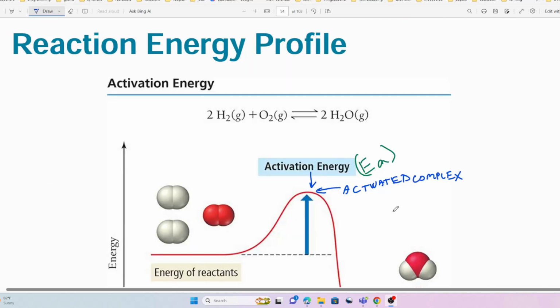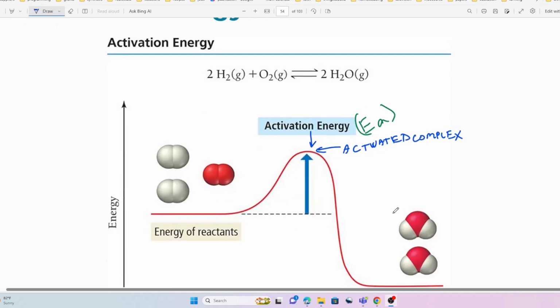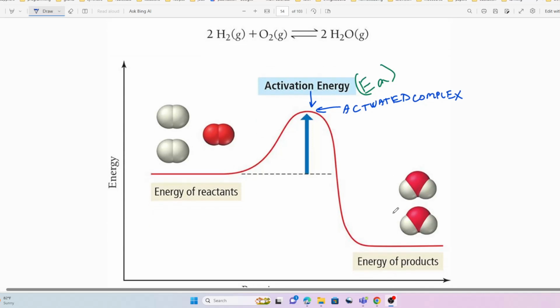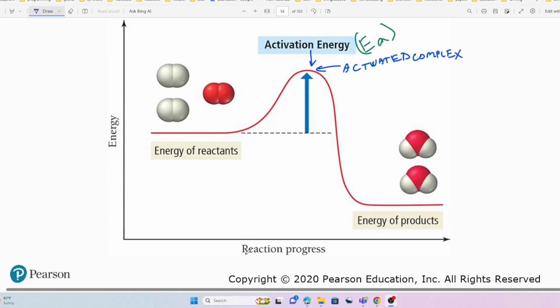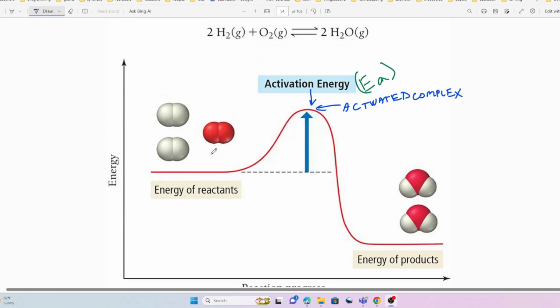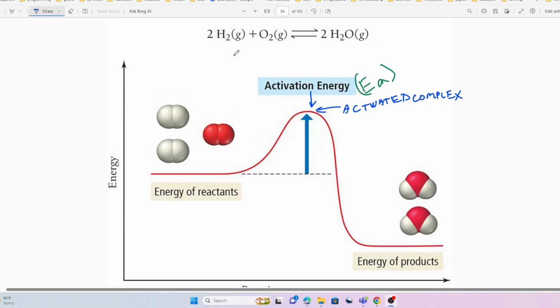Here we see a reaction diagram where we have energy versus progress of reaction plotted. So reaction progress is on the x-axis and energy is on the y-axis. This is for the reaction where hydrogen and oxygen are forming water.